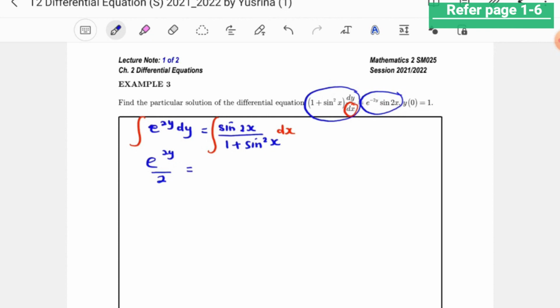So maybe we can use the substitution method. First, u equals 1 plus sin squared x. Then differentiate, you get du/dx equals 2 sin x cos x. And then du as the subject, 2 sin x cos x dx.